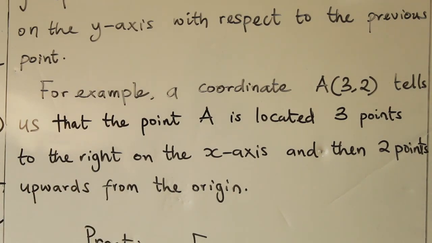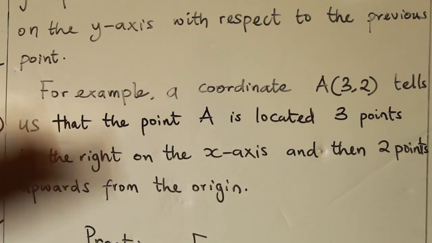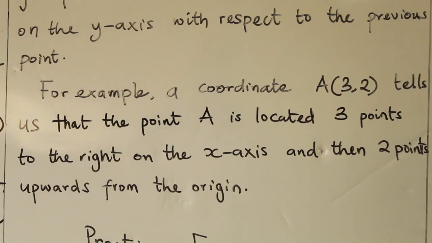And after moving 3 points towards the right, then we can move 2 points upwards. Remember, you have to start from the origin, that is from the point 0, 0.